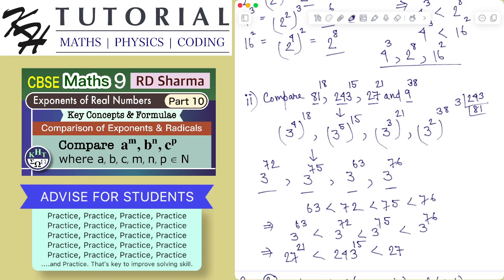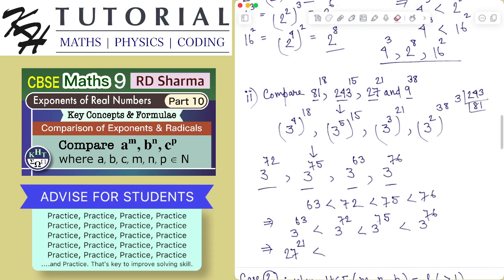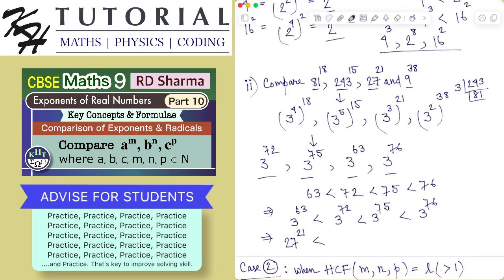Okay. 3 raised to the power 72 was 81 raised to the power 18, and 3 raised to the power 75 was 243 raised to the power 15, and finally 3 raised to the power 76 was 9 raised to the power 38.